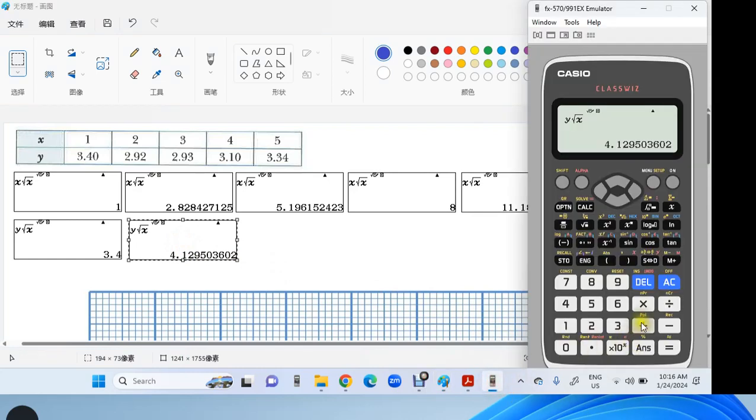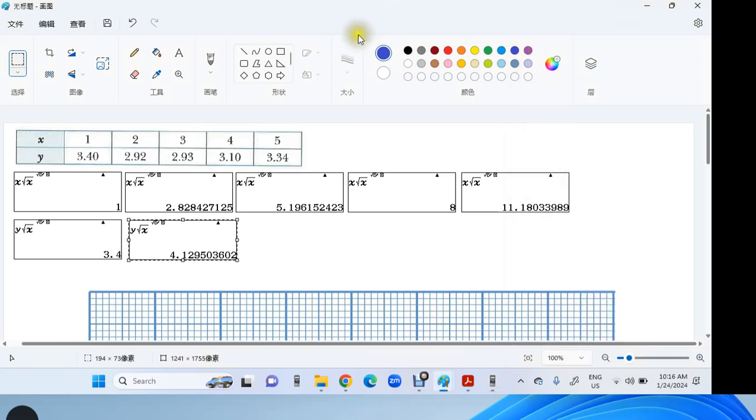When y equals 2.93 and x is 3, then this is the value.